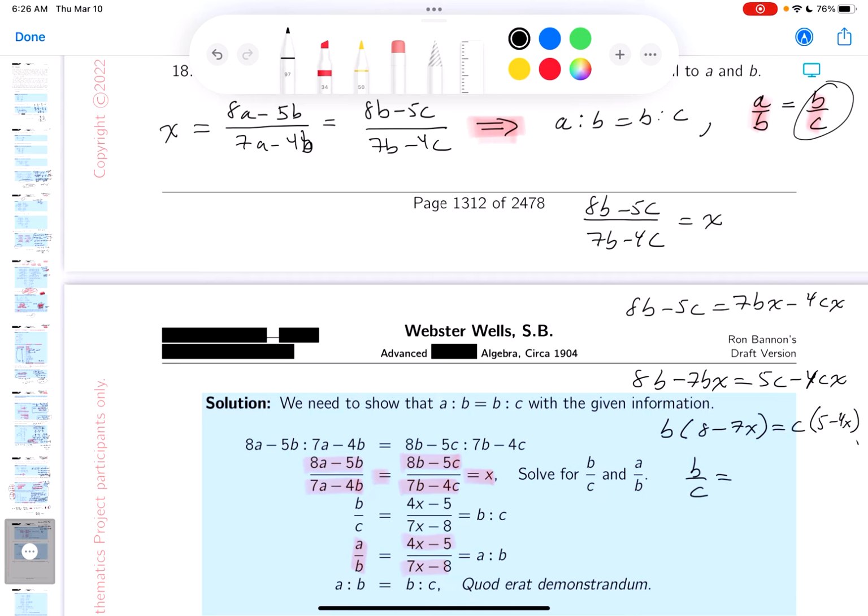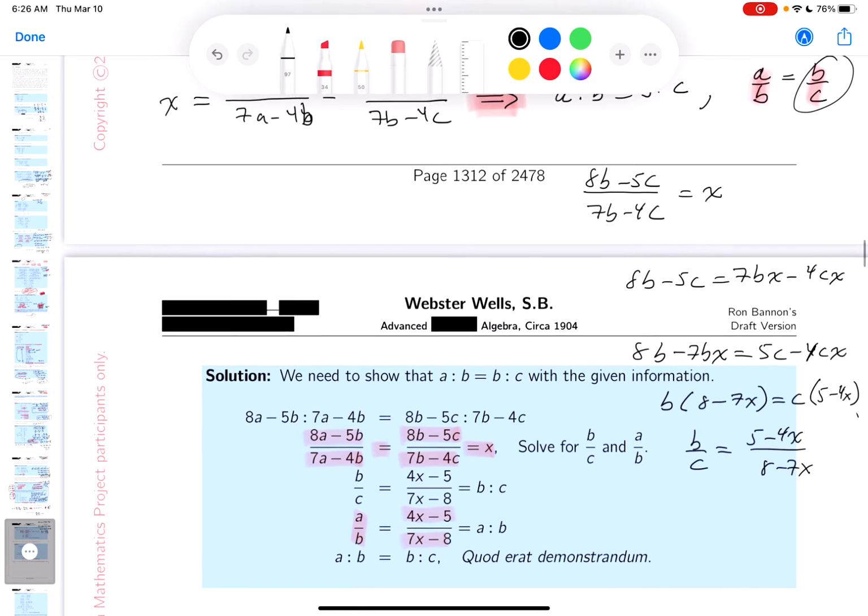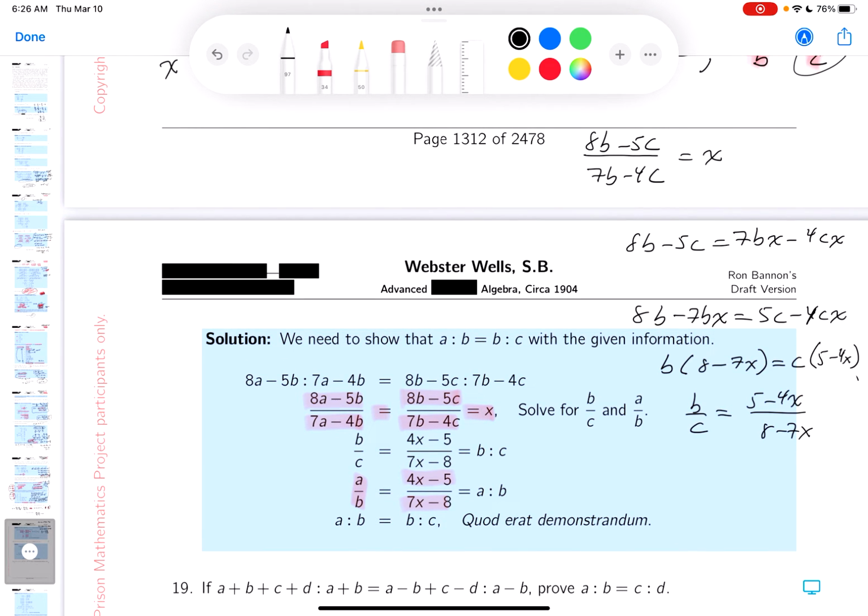Well, b over c is going to be (5 minus 4x) over (8 minus 7x). And I want to see if I reached that milestone, and I didn't. This is what they got over here. So what do they appear to do? Minus 1, minus 1. Let's put b over c. You would get (4x minus 5) over (7x minus 8). Did I reach that milestone? I did.